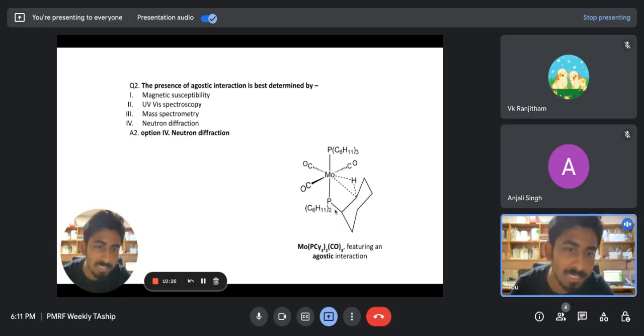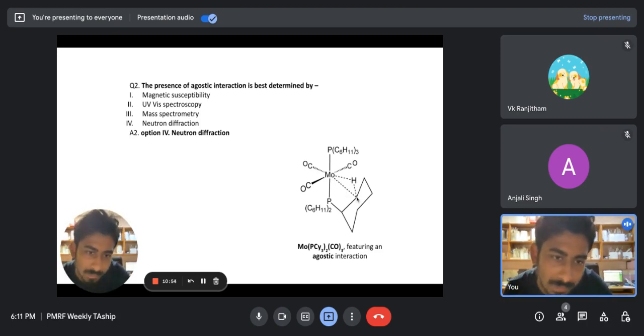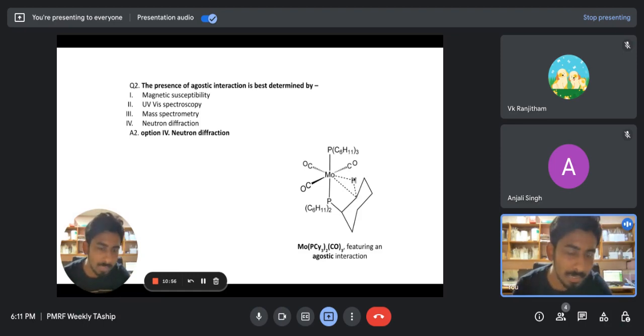For your convenience, I have depicted one of the Cy groups with a broken bond. It contains 2 hydrogen atoms on this carbon, and these hydrogens are proximal, or close in space, to this molybdenum atom. Now this hydrogen atom has an interaction with molybdenum, and this carbon atom is also interacting with the molybdenum, forming a 3-centered 2 electron bond. This is a carbon, this is a hydrogen, and between them there is a 2 electron bond.